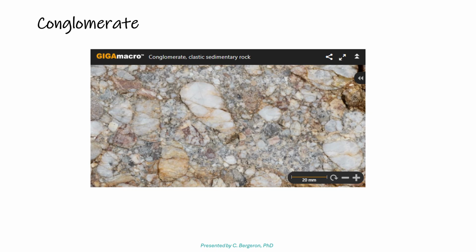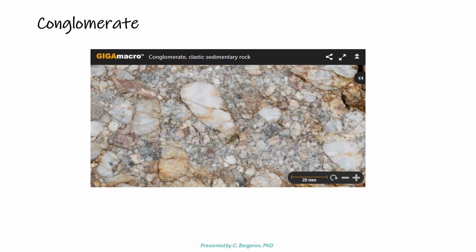And that angularity plays a role in how the rocks are classified, because the rounding of the clasts tells us something about the sediments that made up that sedimentary rock. So if you have a grain that has very sharp edges, you have a sedimentary rock that's made from grains that have very sharp edges.